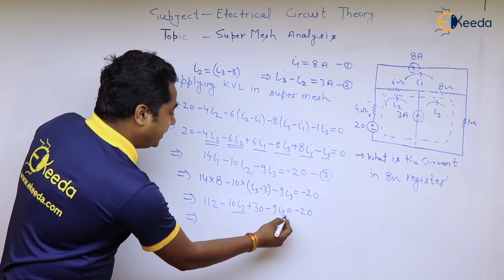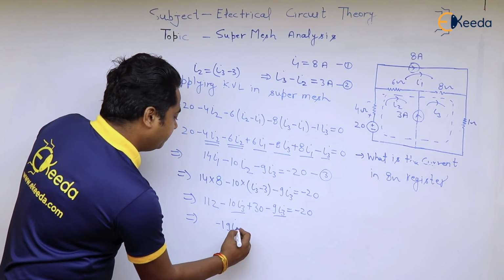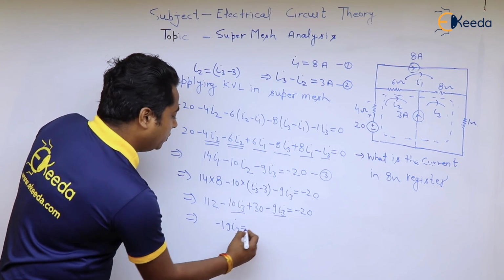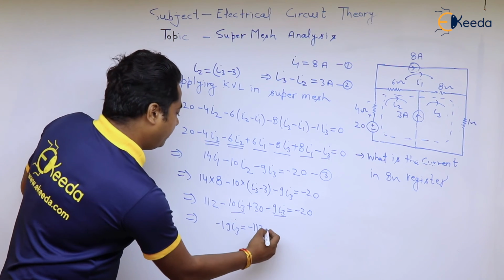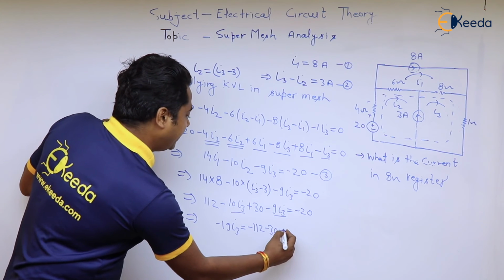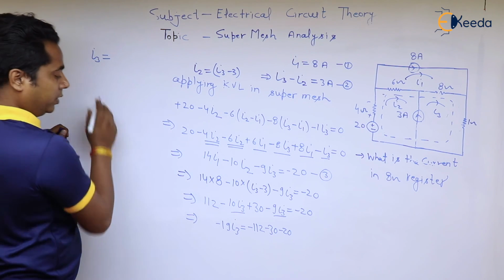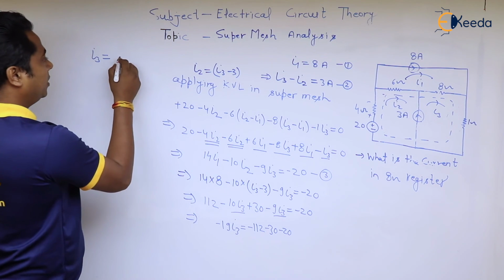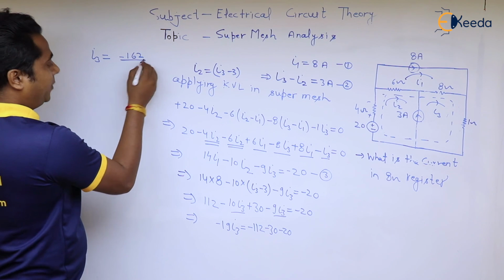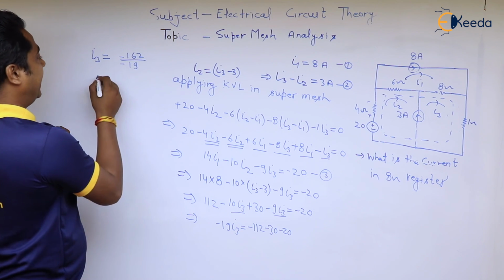Minus 10 I3 minus 9 I3, this is minus 19 I3, is equal to minus 112 minus 30 minus 20. So the value of I3 will be equal to minus 162 upon minus 19 ampere.